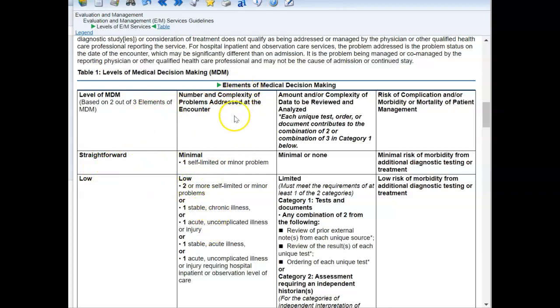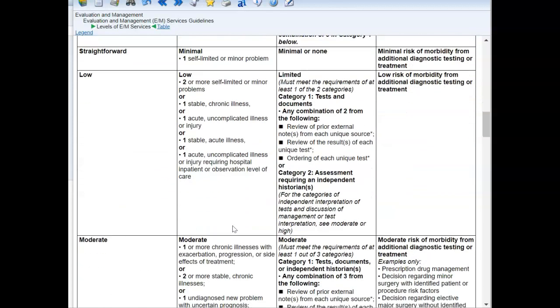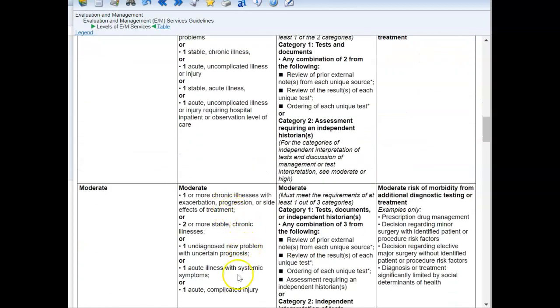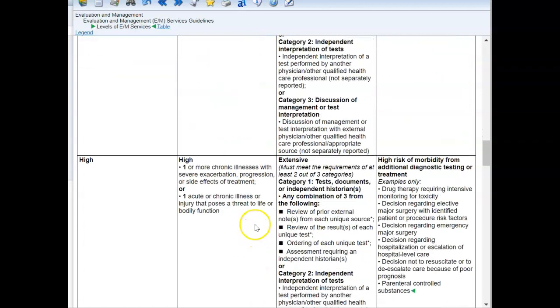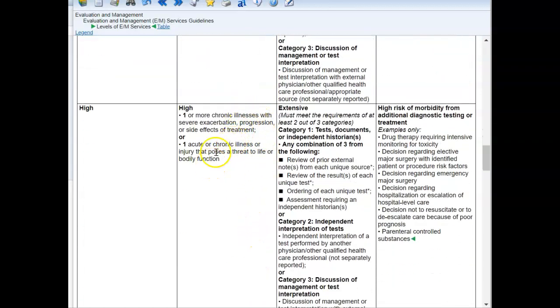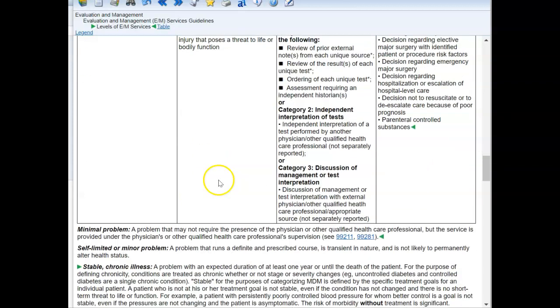So right here is a great definition of complexity of problems addressed at the encounter. Here, self-limited or minor, low, 2 or self-limited, stable, uncomplicated, moderate, it gives you a little bit more accuracy. And to get a high, what's going on here for our diagnosis?